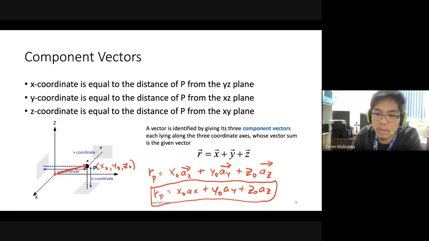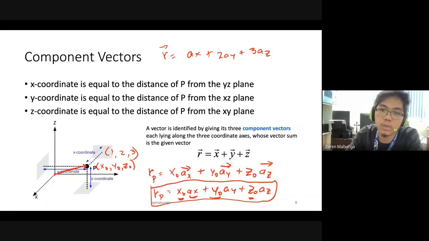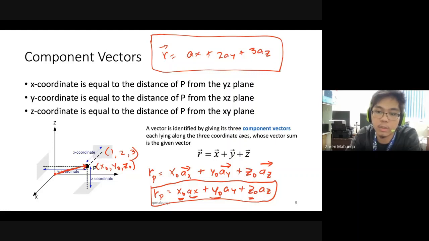Yung ax represents the direction. Then yung x0 is the x coordinate, y0 the y coordinate, z0 the z coordinate. So for example, yung P, ang value niya dito is 1, 2, and 3. So ang vector R will be ax plus 2ay plus 3az. So ito yung magiging representation mo ng vector R directed to point P. Okay, so ganyan tayo sumulat ng vector.